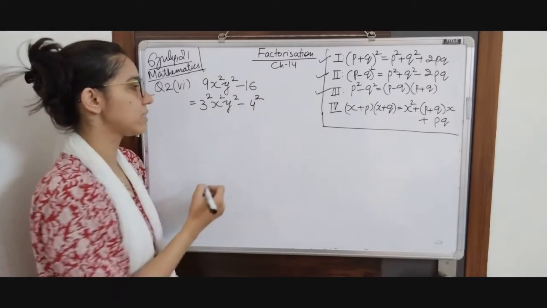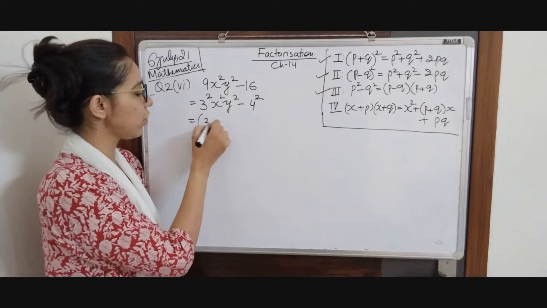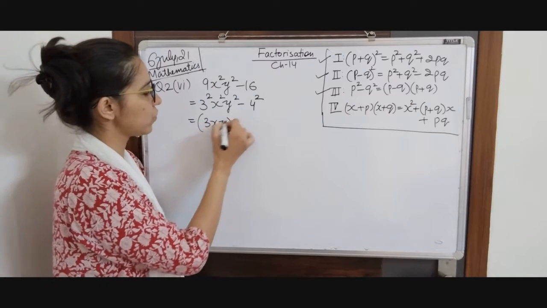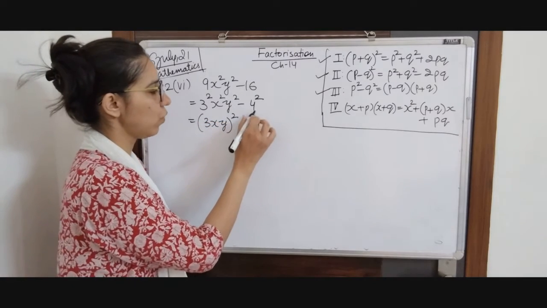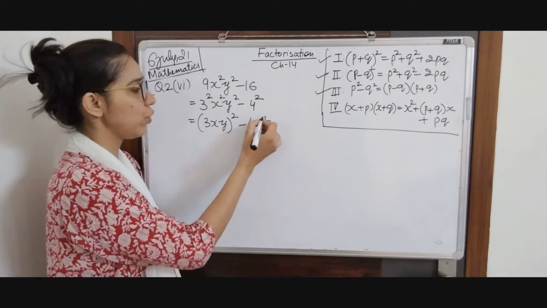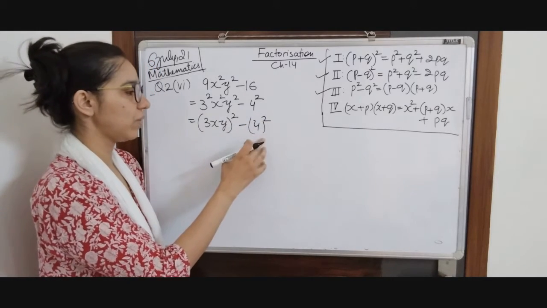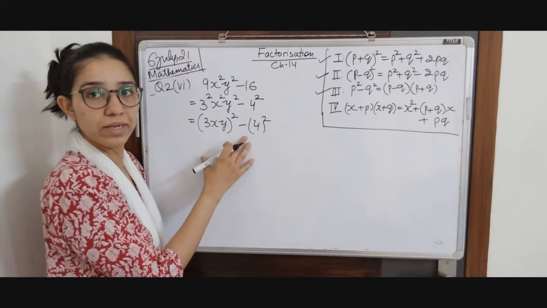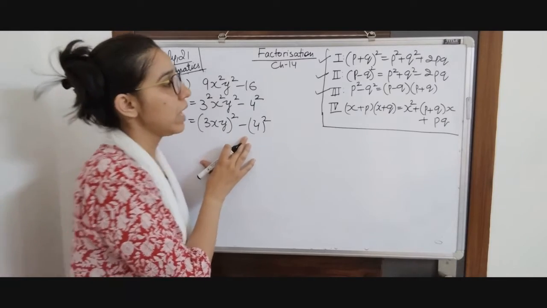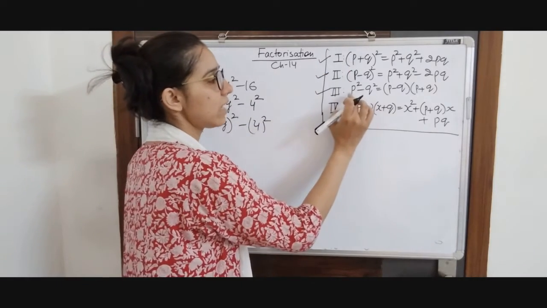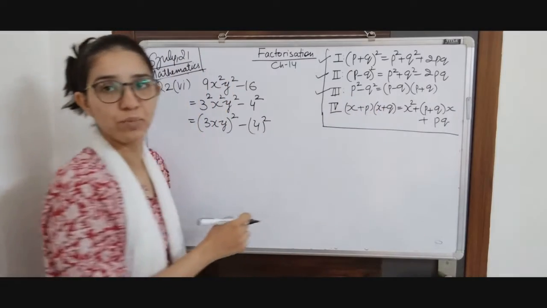So you have got (3xy) square minus (4) whole square. You have the square of two numbers and there is a minus sign between them. It means you have to apply this identity.